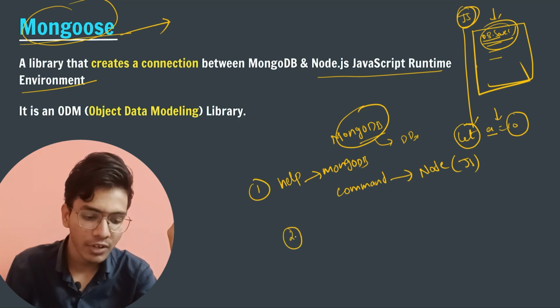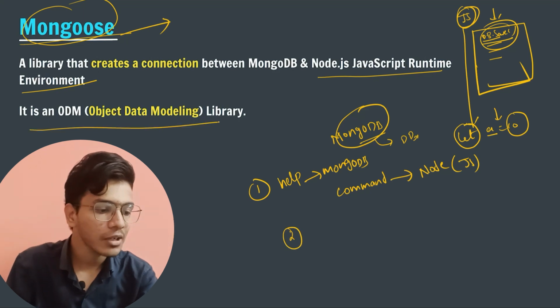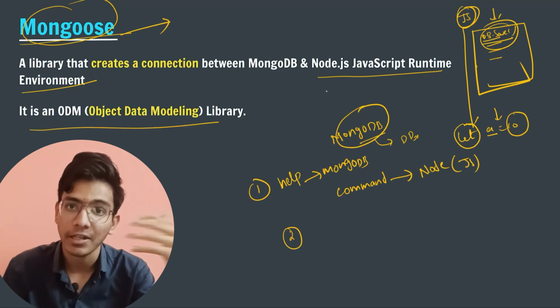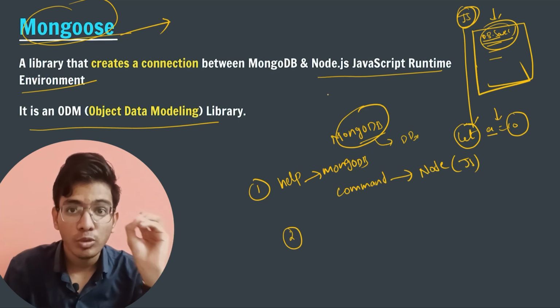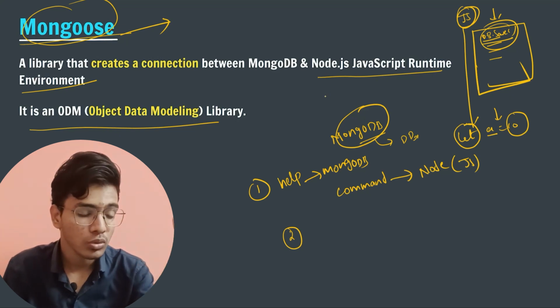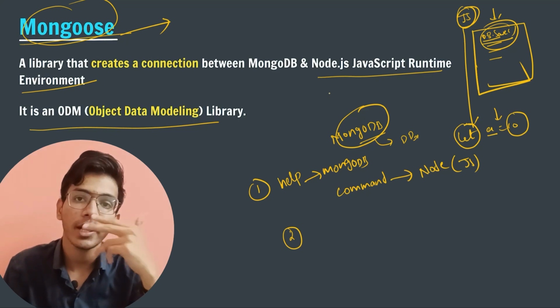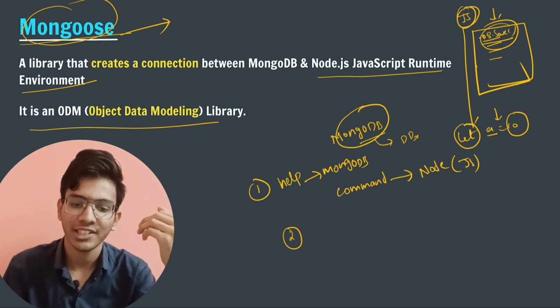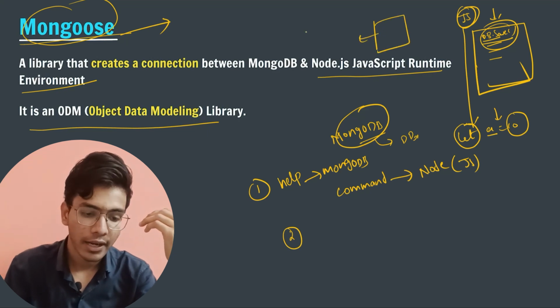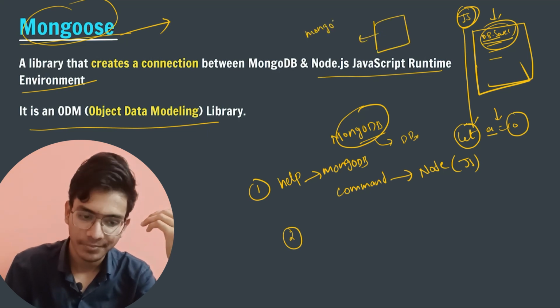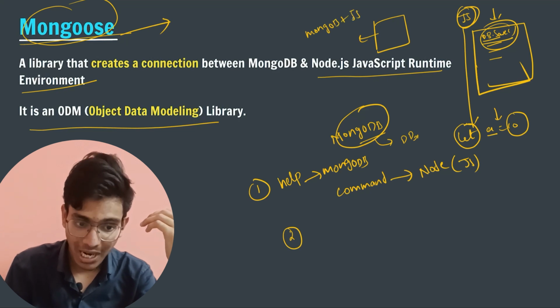And the second advantage is that it is based on an ODM library. Here the ODM library is used to differentiate which is MongoDB and which is JavaScript. For example, here in this file it will have MongoDB commands plus JavaScript commands.